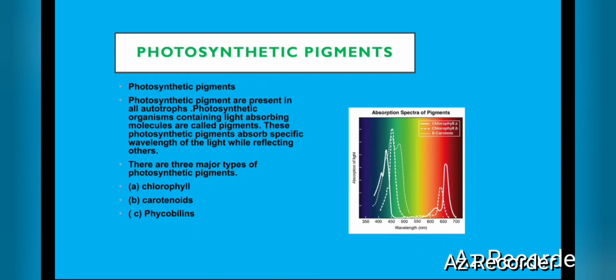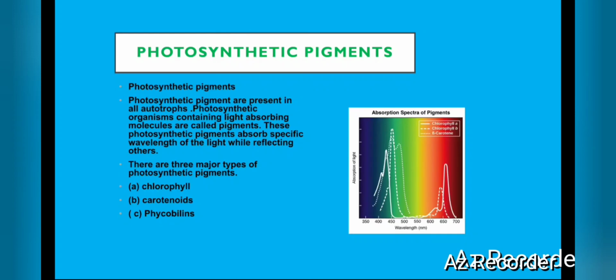Photosynthetic pigments. Photosynthetic pigments are present in all autotrophs. Photosynthetic organisms contain light-absorbing molecules called pigments.